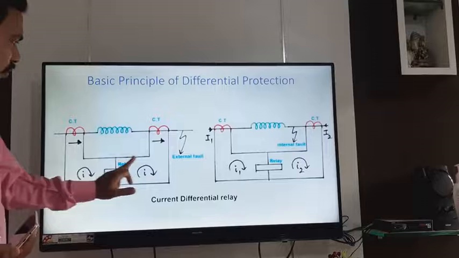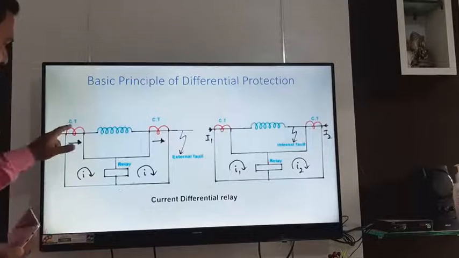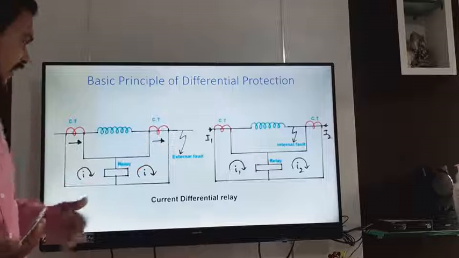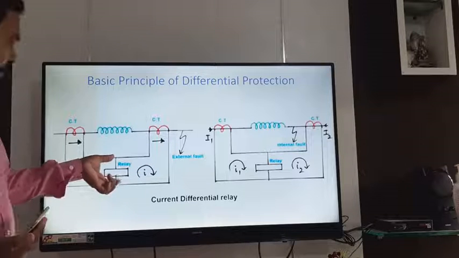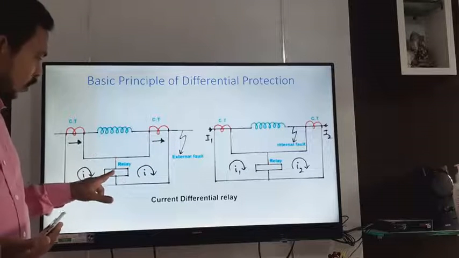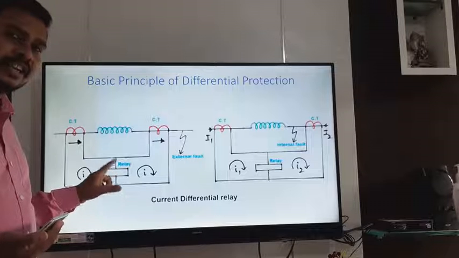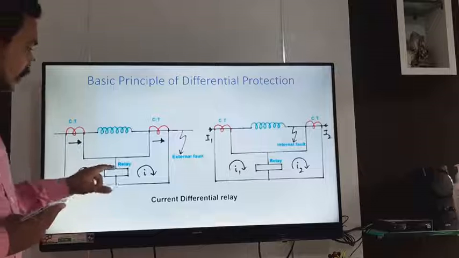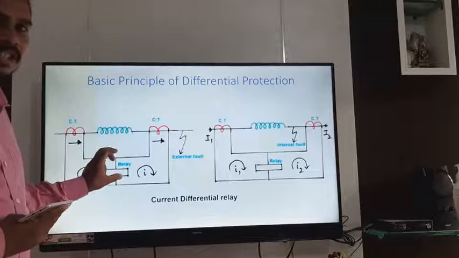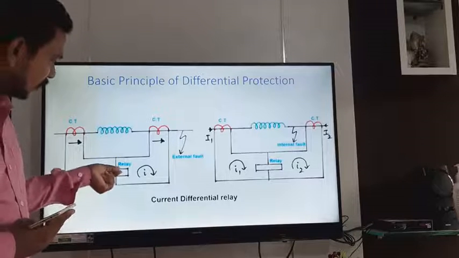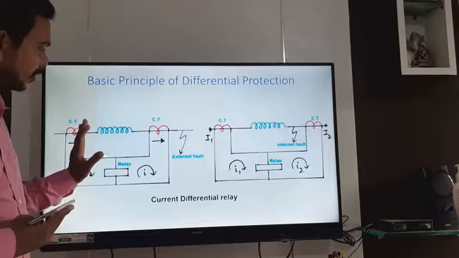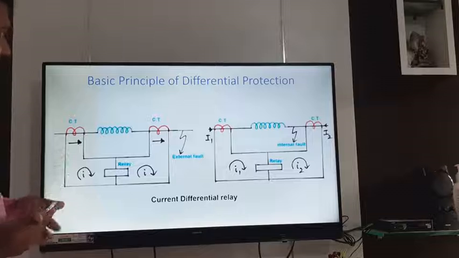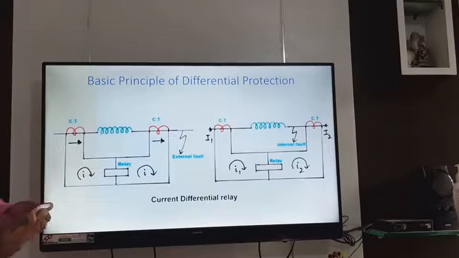In between this pilot wire, one operating coil of the relay is connected. This relay coil must be connected at the midpoint of the pilot wire. So this is the basic circuit of differential protection.